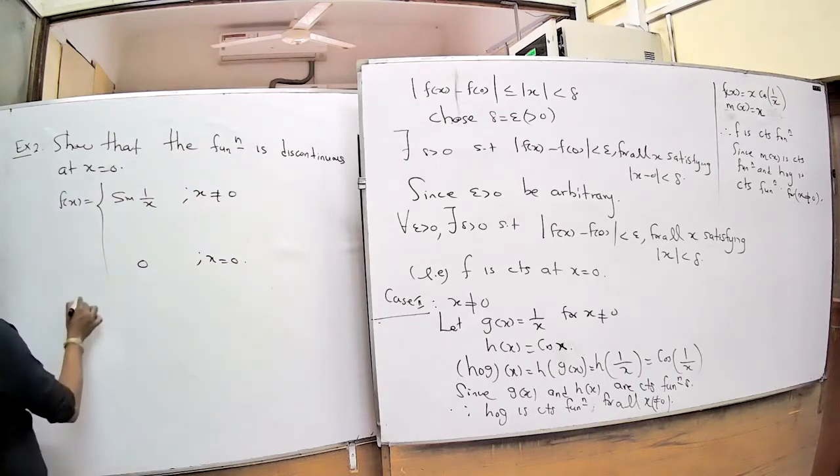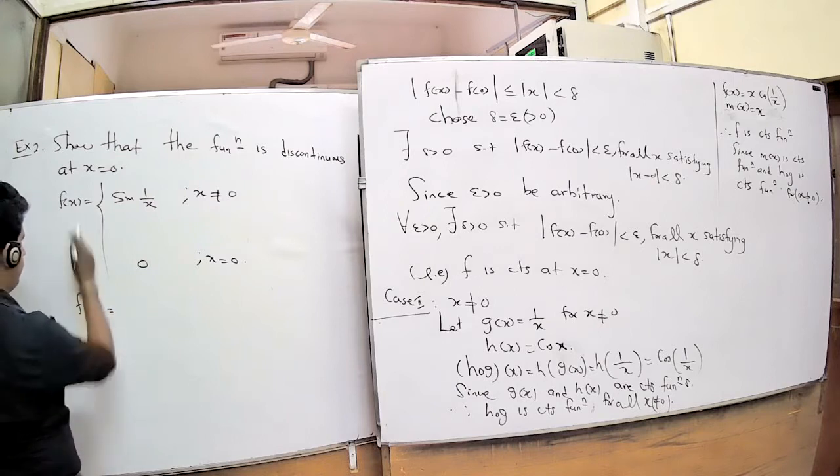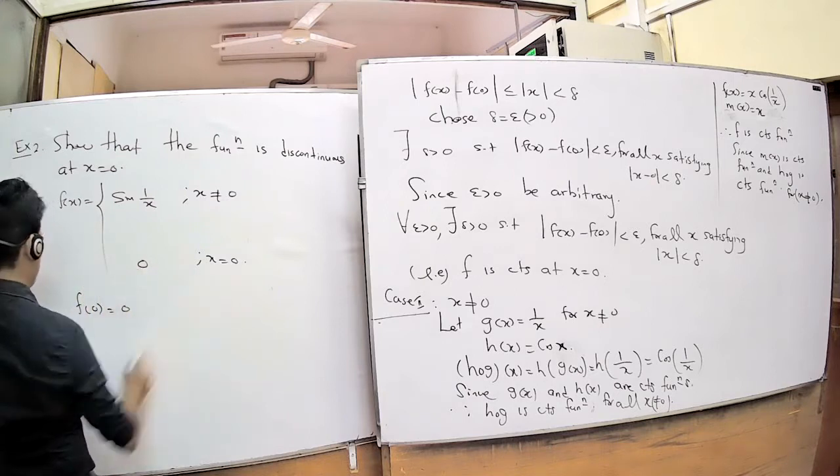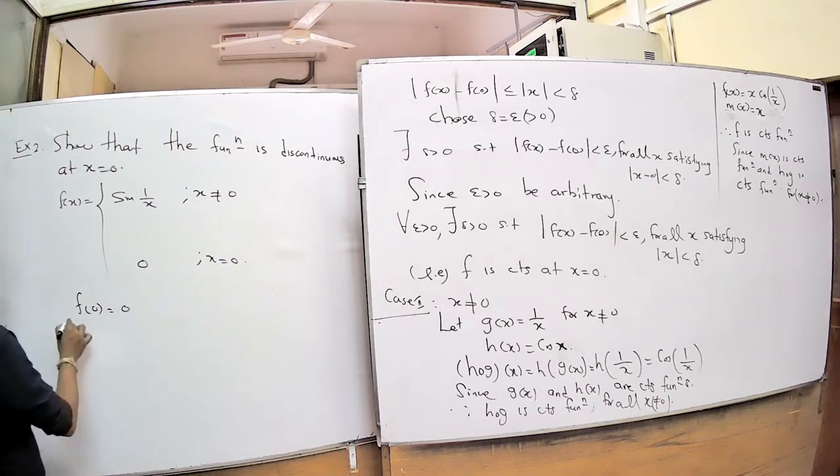What is the value of f of 0? F of 0 means the x equal to 0 case. Now we use the sequence here.